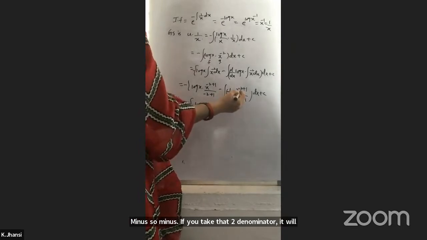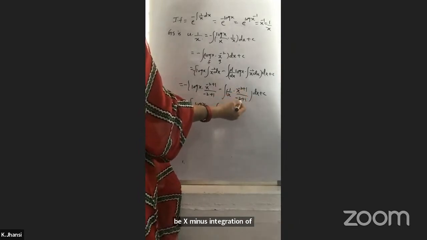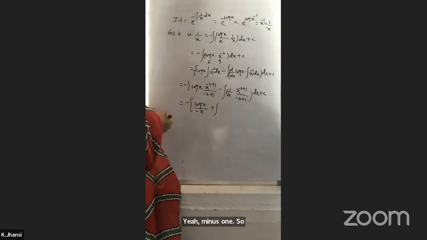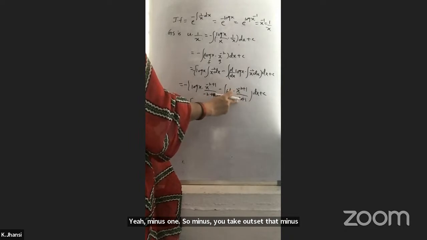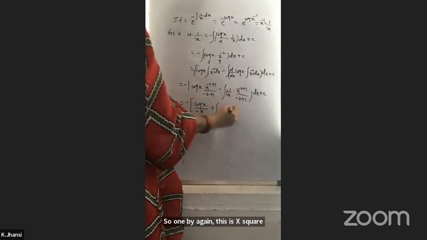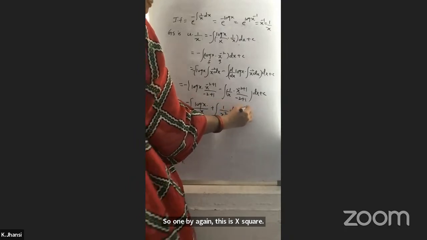Minus integration of, here again minus 1, here minus 1. So the minus you take outside, that minus will become plus. So 1 by x square into dx plus c.